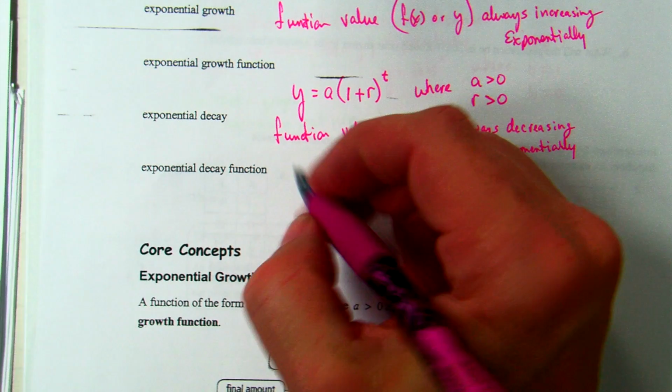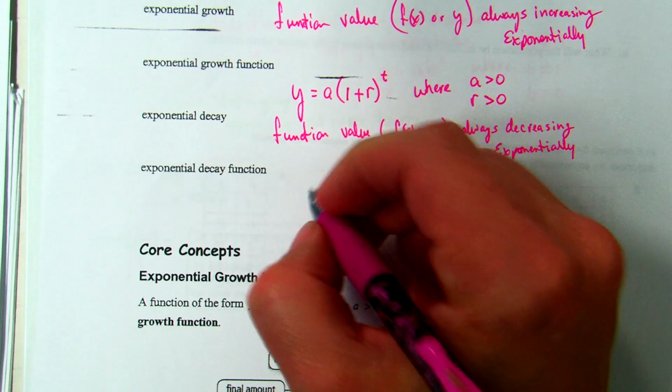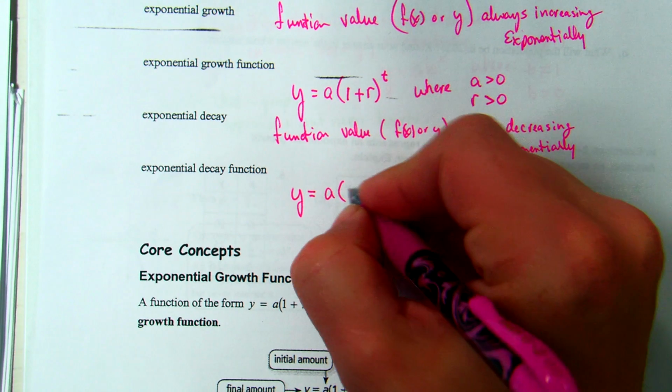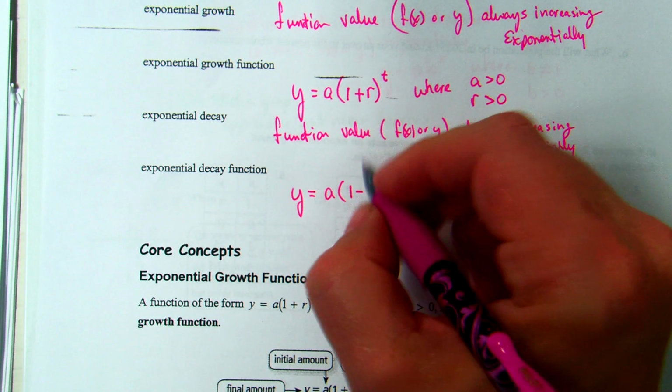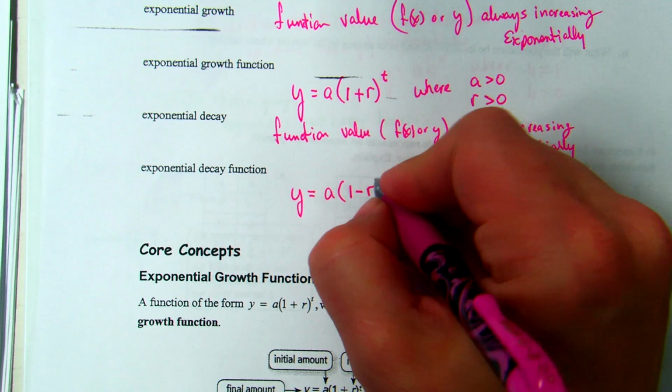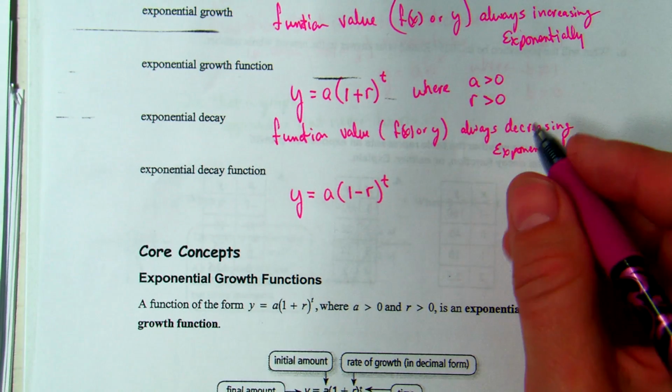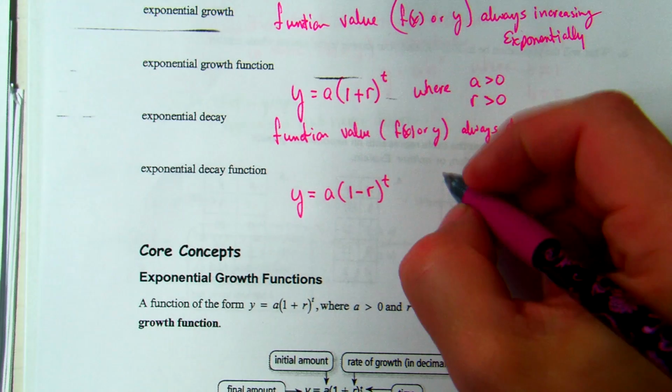And the formula for that one, or the function that we'll see for that, is going to be y equal to a times, here's the difference, 1 minus r raised to the t. And again, we have some criteria here.